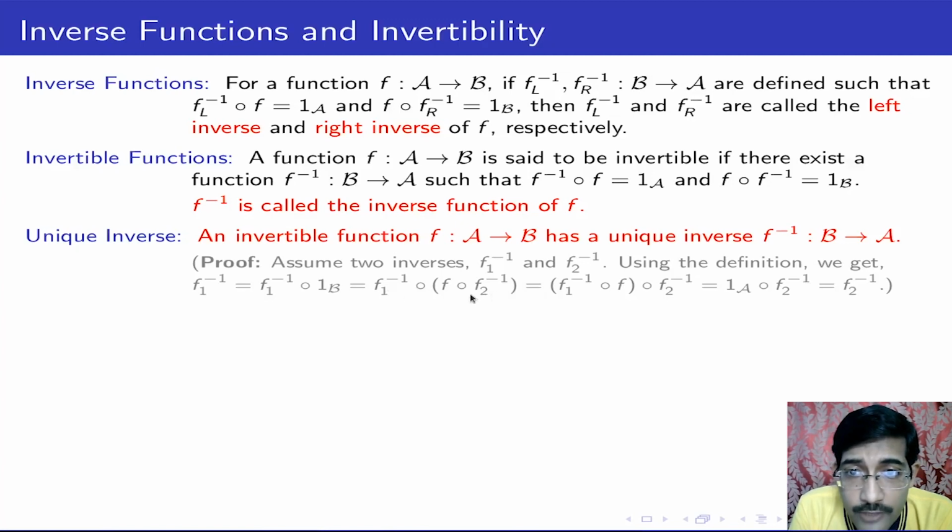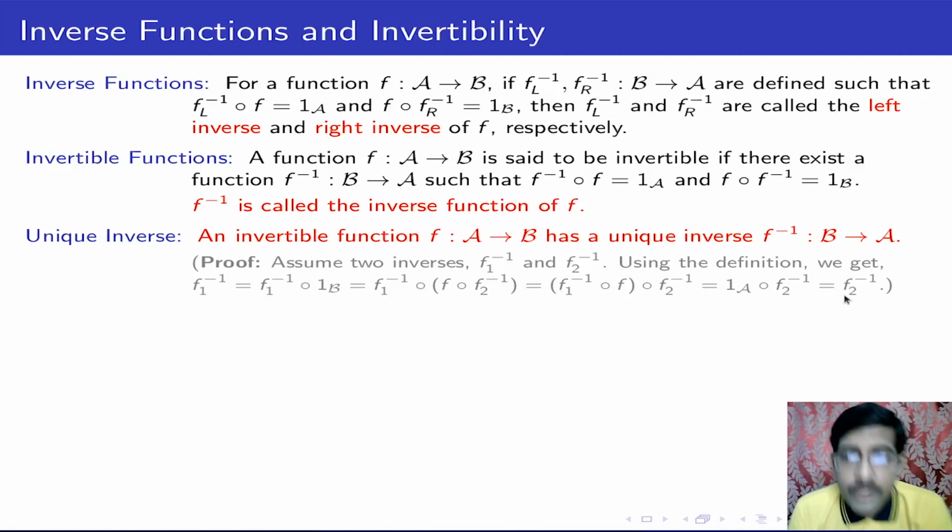Now the associativity rule allows me to bracket it anywhere, so I can shift the bracket here. Now this is, as per the invertibility definition, again the identity I_A, and the identity map composed with the function f2 inverse gives me back f2 inverse itself. So I started with f1 inverse and came back through this process and ended up with f2 inverse, all being the same.